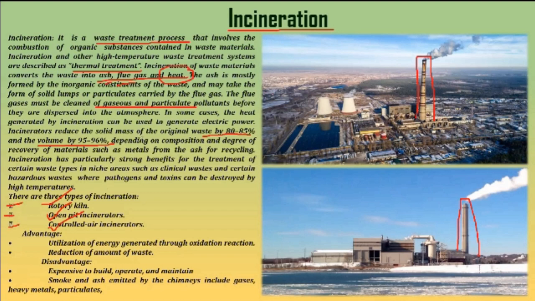And incineration is very important. Why? Especially for biomedical waste, because biomedical waste has no disposal technique other than incineration, because it may contain bacteria, virus, and several other things, right? So the only way is to burn them out, right? So this is basically incineration.